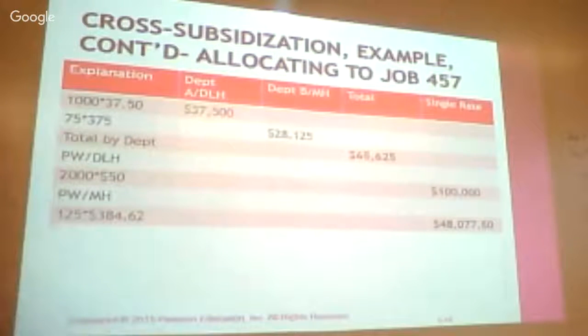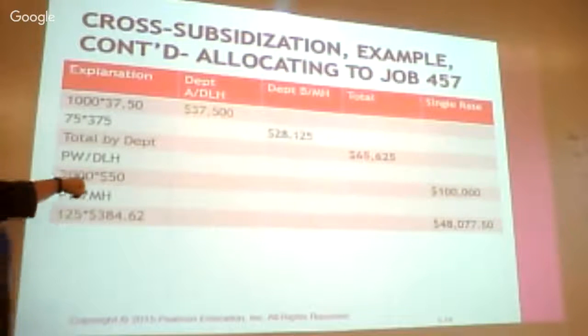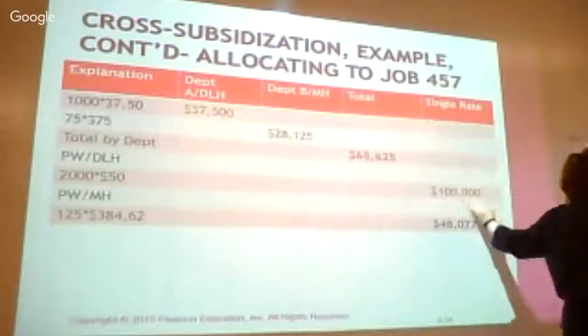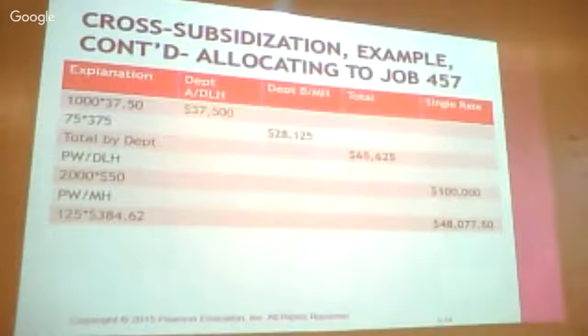That's pretty decent, right? If I just say, okay, I'm going to base it on direct labor hours, well, that hurts. Why? I have 2,000 direct labor hours, I have $50 for direct labor hours. That's $100,000. So I'm way overcosting, right?